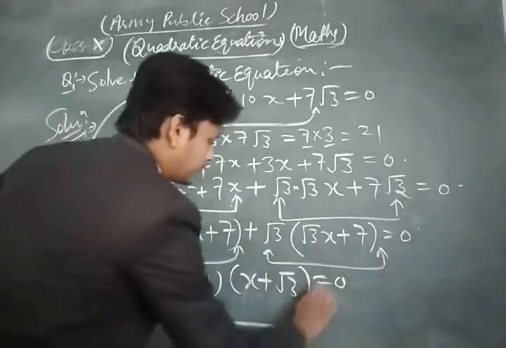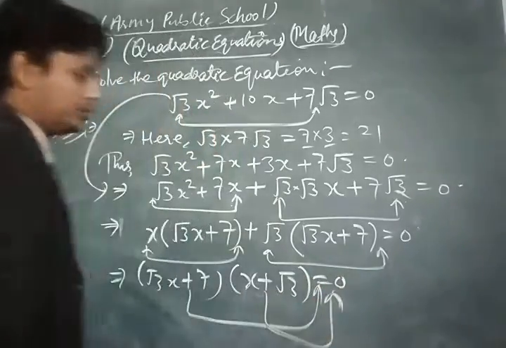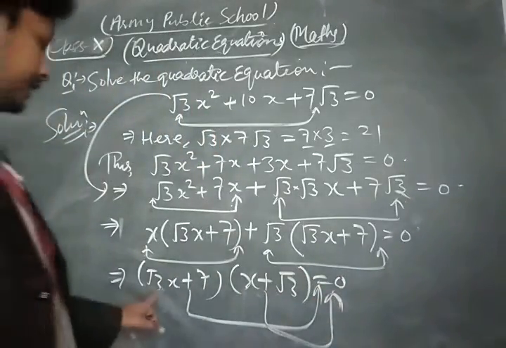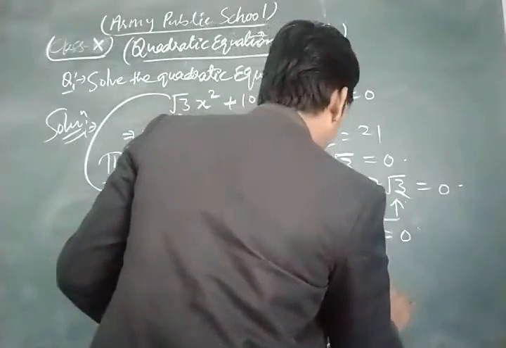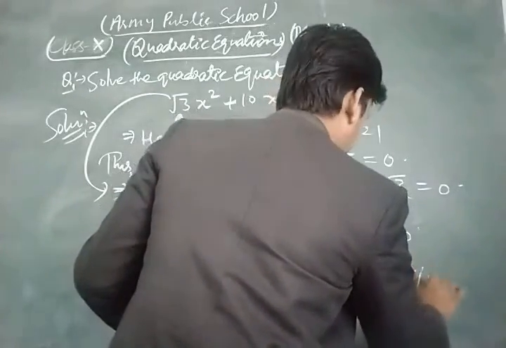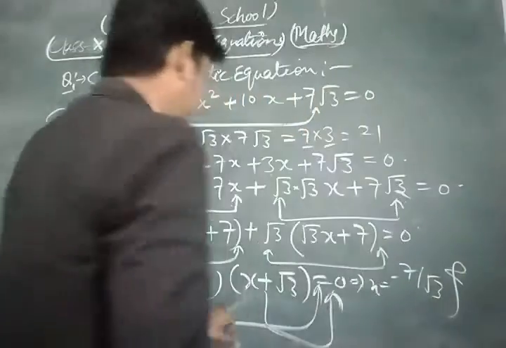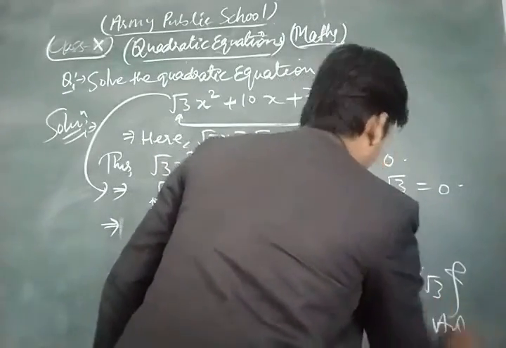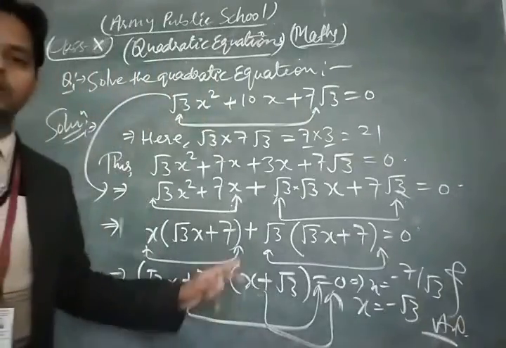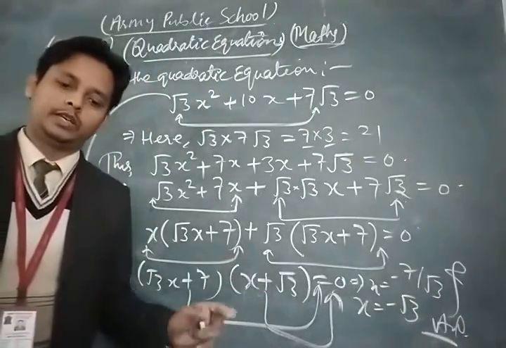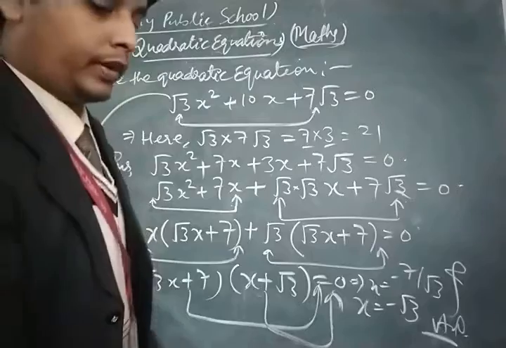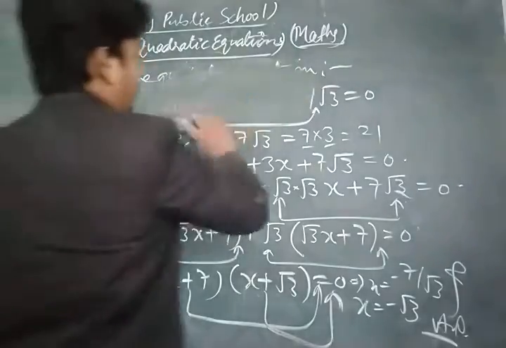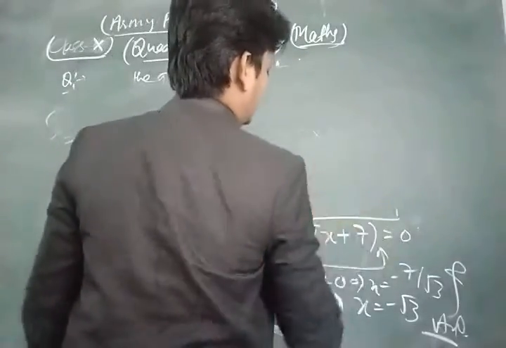Now when we take this equal to 0, one value of x is minus 7 upon root 3, and when we take the other equal to 0, x is equal to minus root 3. So this is the required solution of the given question. So dear students, in this way you can solve that type of question.